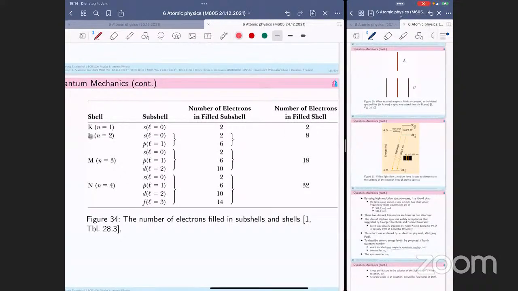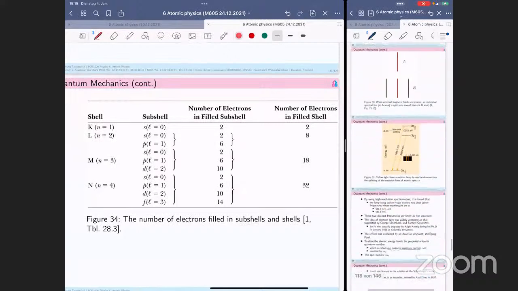For n equal to 2, you have L equal to 0 and L equal to 1, that's 2 and 6. 2 and 6 combine to 8, and that's the whole possible number of electron orbits in this scenario. When small n is equal to 3, or the capital M, you have L equal to 0, 1, and 2, giving 2, 6, and 10. You will get 18 like this, and that's the whole possible number.